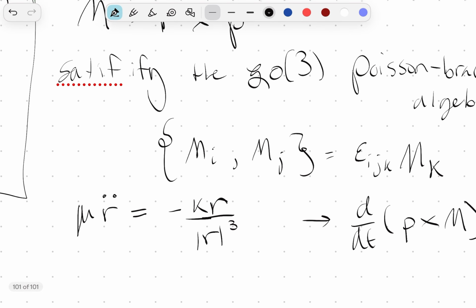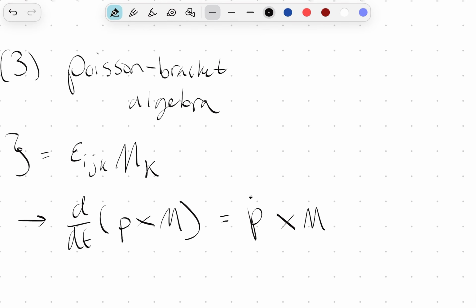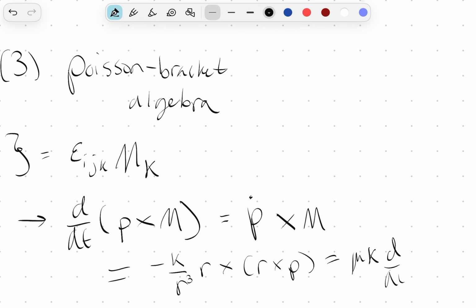But assuming Newton's formula, we know that that should be equivalent to k r over r cubed, r cross p, as a vector identity. And then that should give us mu kappa, d by dt of this vector. So that's kind of the trick that we have.